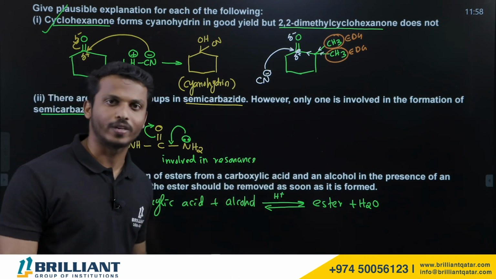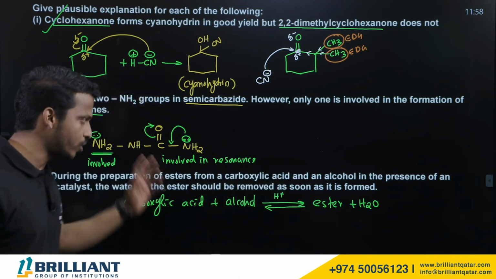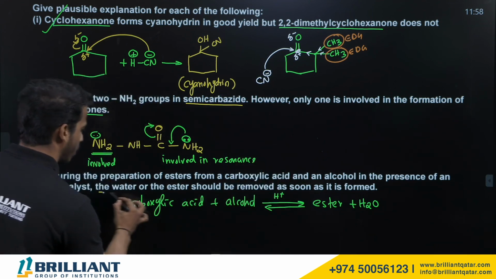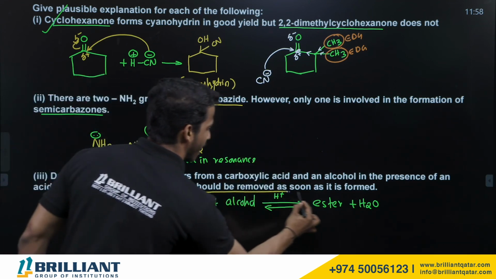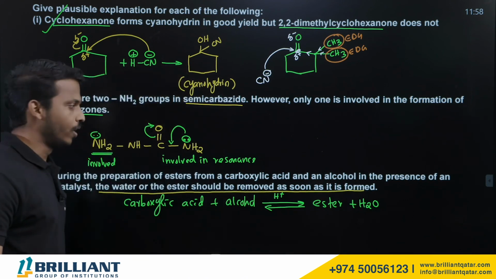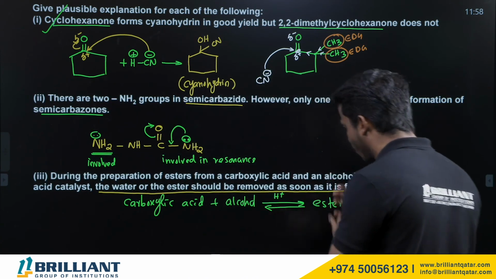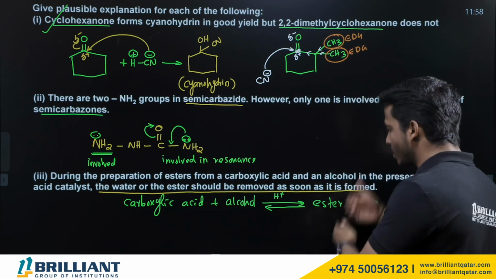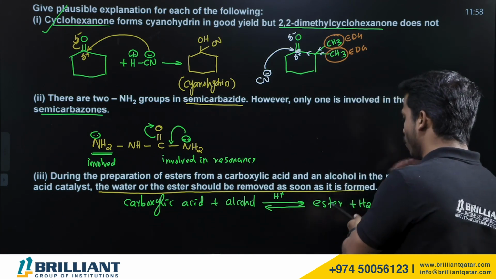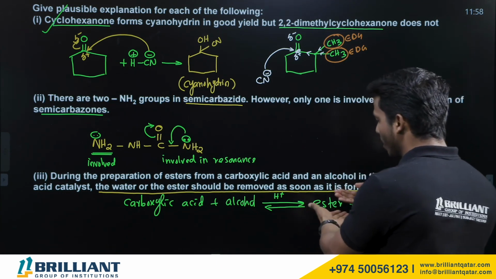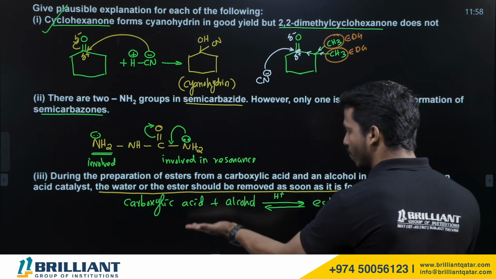Esterification means formation of ester, right? So what is the reason? The question is this one: during esterification, why should the water or the ester be removed as soon as it is formed? When this acid reacts with this alcohol and ester forms, dear student, whenever ester forms, please remove water or ester from the chamber immediately. Then only the product side will be lesser and the reactant will be greater.